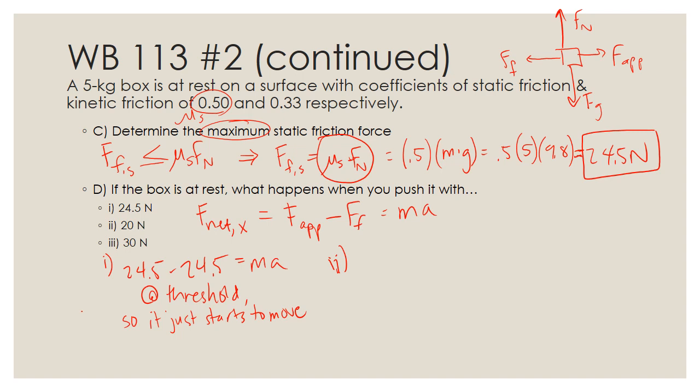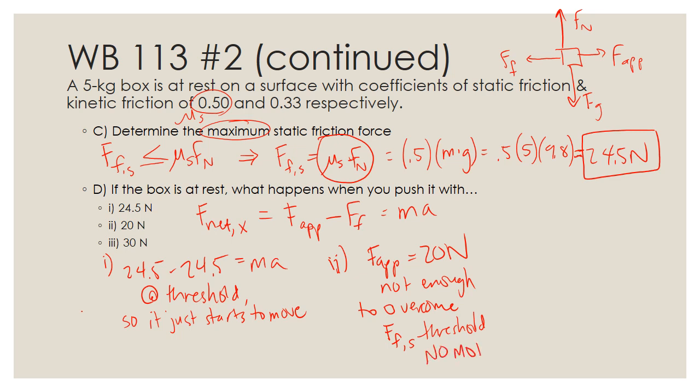So if F applied is equal to 20 newtons, then it's not enough to overcome the force of static friction threshold. So no motion. The object's going to stay at rest.